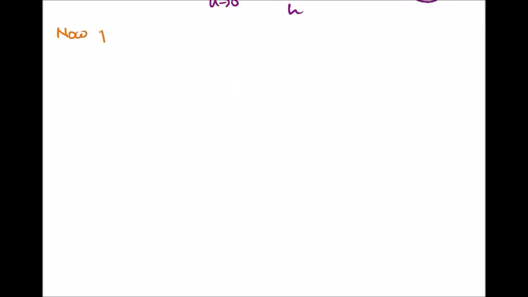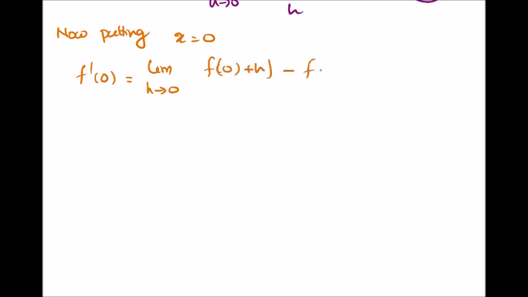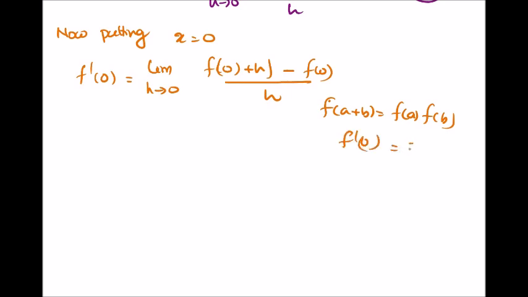Now putting x is equal to 0 in the definition of derivatives, we have f dash 0 is equal to limit h tends to 0 f of 0 plus h minus f of 0 divided by h. Here also f of a plus b is equal to f of a into f of b. It's given that f dash of 0 is equal to 3.